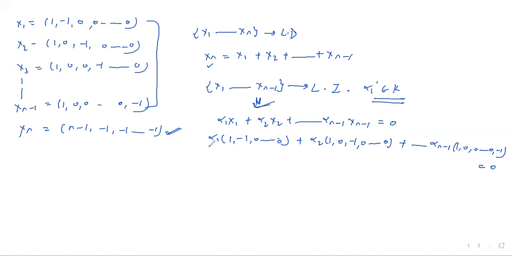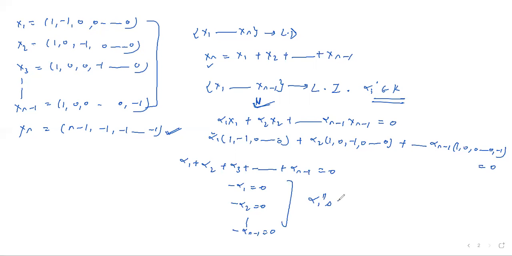I have to form the equations from here. From the first, alpha 1 plus alpha 2 to alpha 3 plus alpha n minus 1 is equal to 0. And the other equations I got are minus alpha 1 equals 0, minus alpha 2 equals 0, to minus alpha n minus 1 equals 0, which means all the values of alpha i's are equal to 0, and it also satisfies this equation.